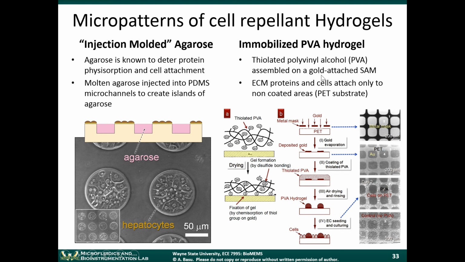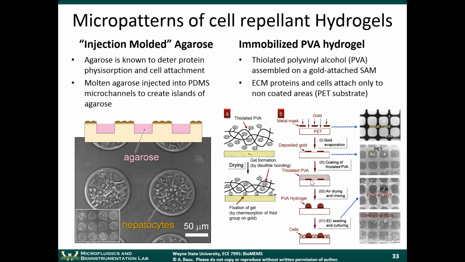You can pattern something called a PVA hydrogel, polyvinyl alcohol. That can be assembled on a gold attached self-assembled monolayer. The process really quickly is you have a PET substrate. This is just a plastic, PET is just kind of like transparency, the same transparency films. Thin plastic films. You can deposit gold on here and create a self-assembled monolayer of the thiolated PVA.